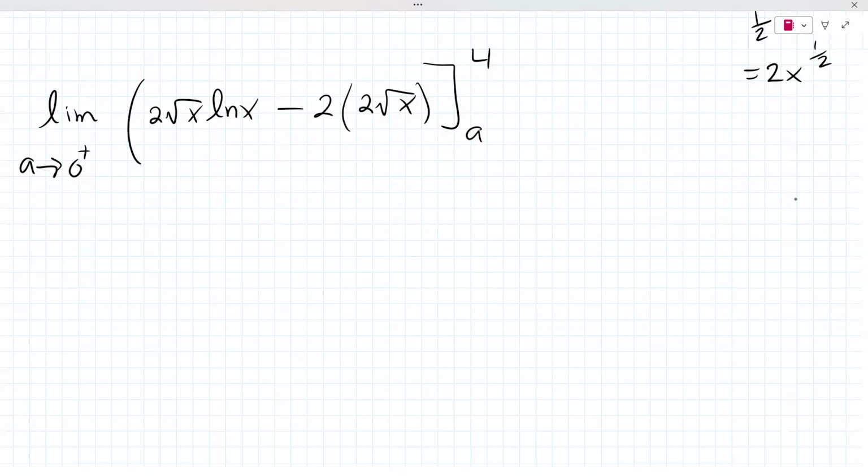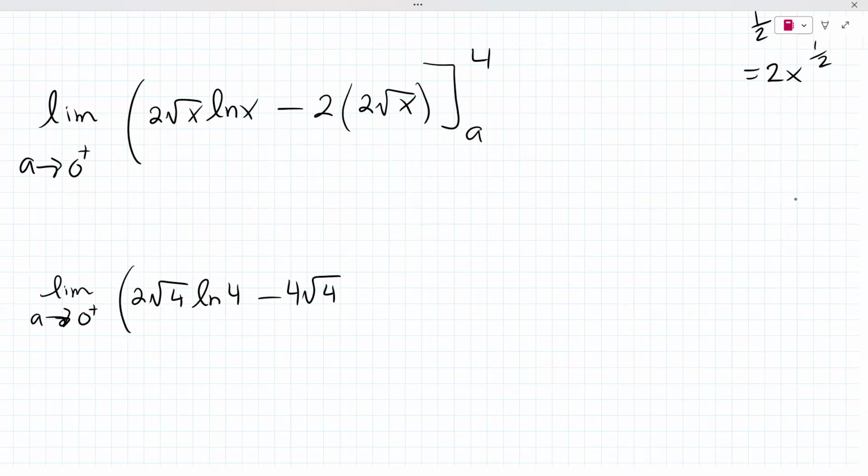So it's going to be the limit as a approaches 0 to the right, and then apply your upper and your lower. So it's going to be 2 square root of 4 ln of 4 minus 4 square root of 4, minus 2 square root of a ln of a minus 4 square root of a.